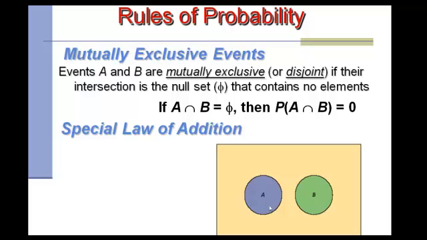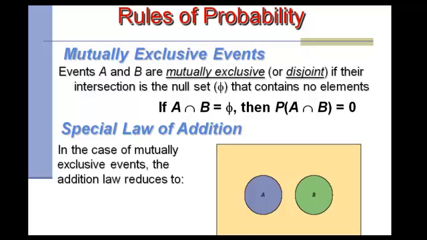The event A can occur, B cannot. Or the event B can occur, A cannot. They don't share any elements. So if we want to know the probability of A or B when they're mutually exclusive, then you just do a straight addition. The probability of A or B is equal to the probability of A plus the probability of B.